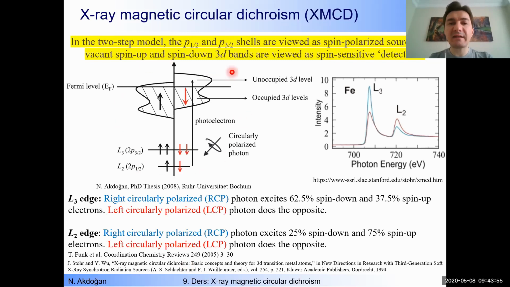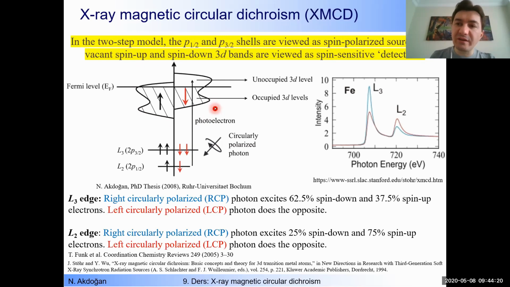Here you see the band structure of ferromagnetic materials. This is the 2p1/2 level, let's say the L2 level, and here we have the 2p3/2 level. The other name is the L3 level, okay? And here we have the 3D level.